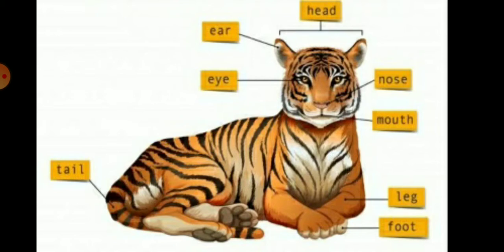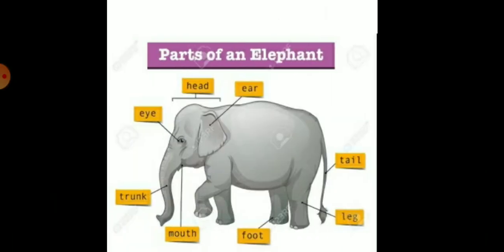So, children, the tiger uses its hind limbs as well as its forelimbs for locomotion. The next example is the elephant. There are different parts of its body: head, one pair of ears, one pair of eyes, trunk, mouth, foot, leg, and the tail.